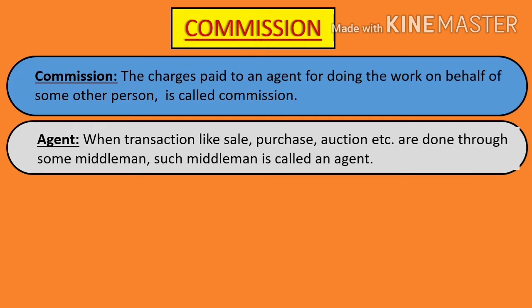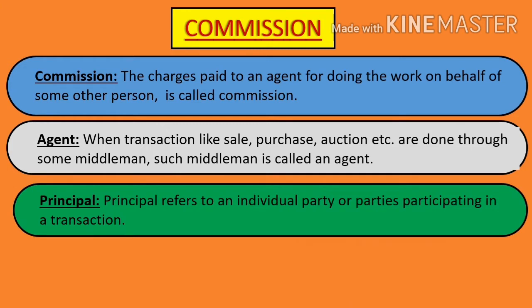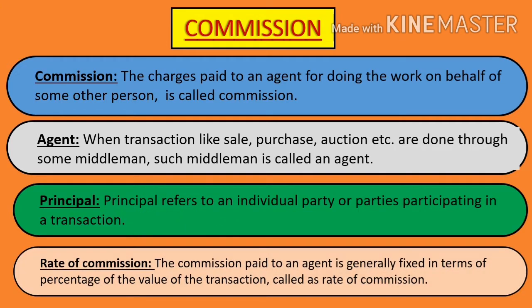And the parties or the individuals who are involved in the transaction, like selling and buying the property, etc., are called the principal. Now, this agent's commission is usually fixed in terms of a percentage of the value of the transaction. Say 1% commission or 2% commission. That is called the rate of commission.